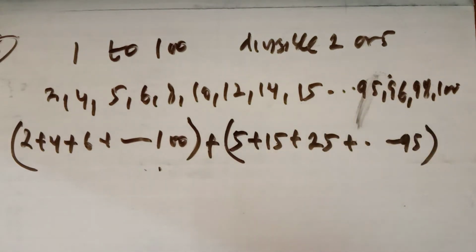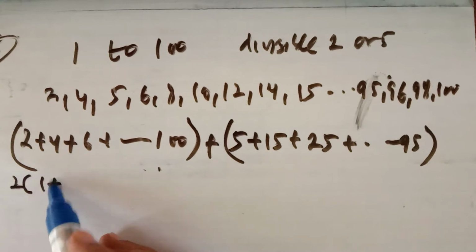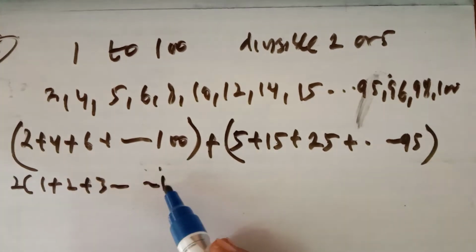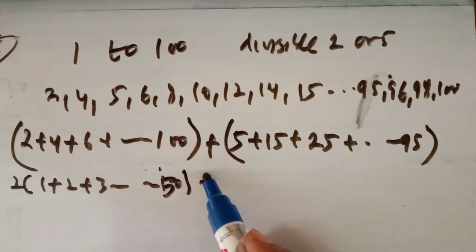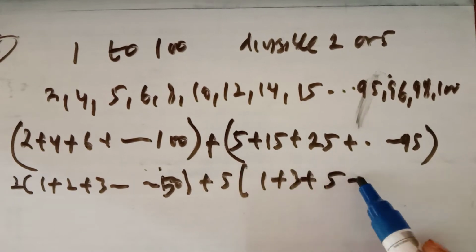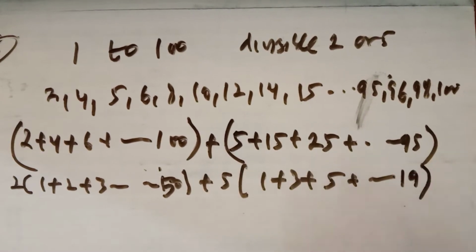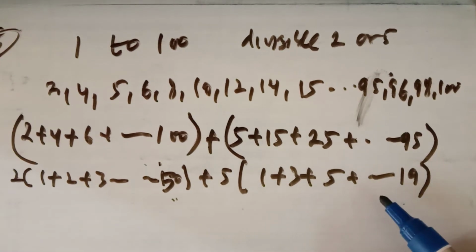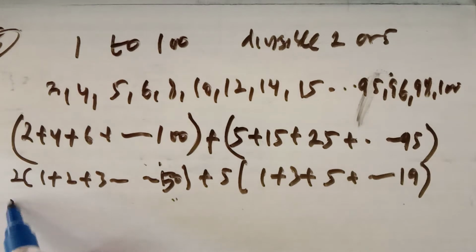And we know that the sum of this is 1 plus 2 plus 3 up to 50, and in there you can take 5 common, 1 plus 3 plus 5 up to 19. Now if you see it, it is a sum of the first 50 natural numbers, and this is a sum of the first 10 odd numbers. That is, you can add it like this.